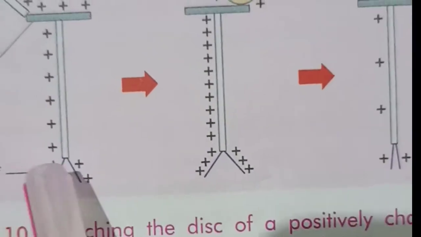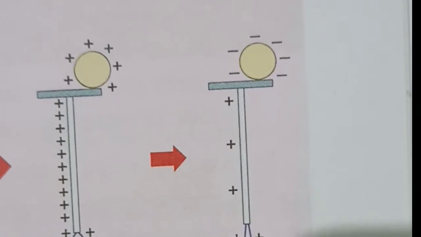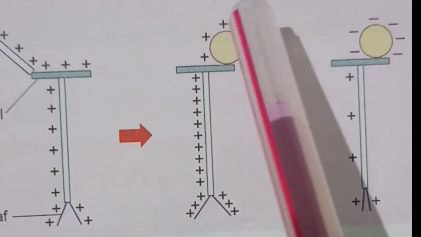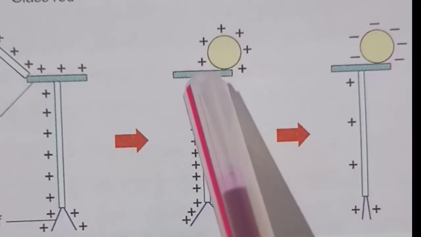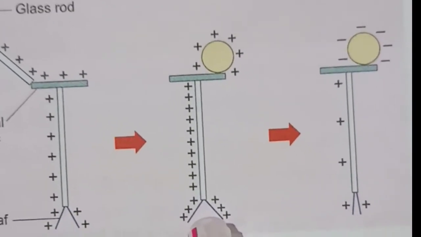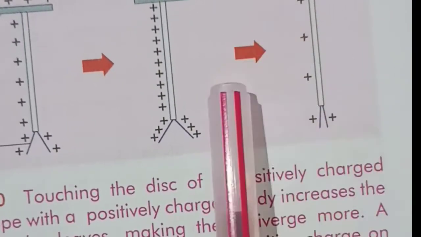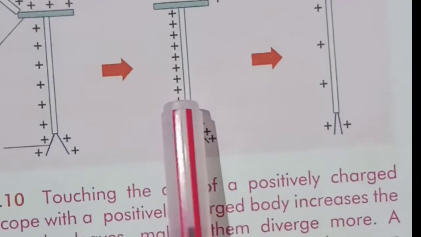See here, the divergence is more, but when I bring a negatively charged body, the divergence becomes less. And when the body we brought is positively charged, the divergence increases. So the distance between these leaves will tell us whether the body is positively charged or negatively charged.